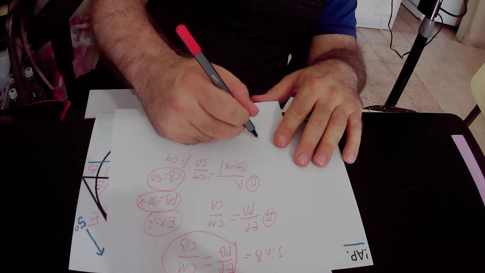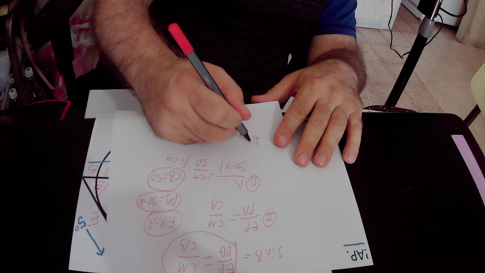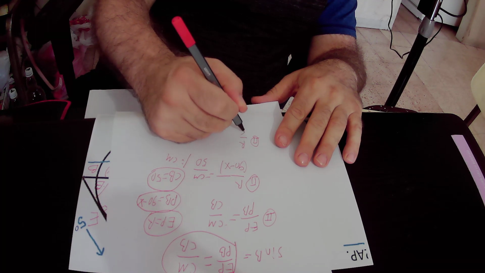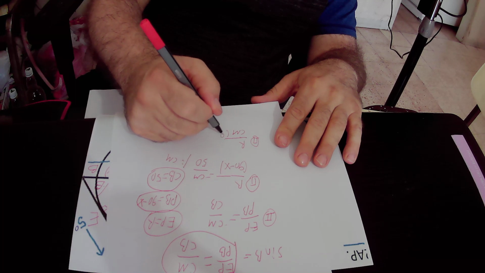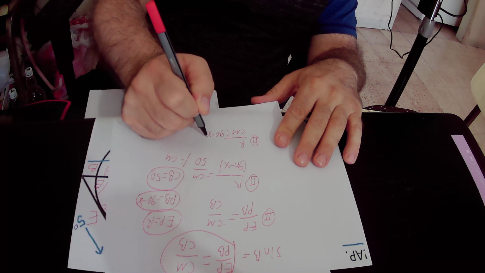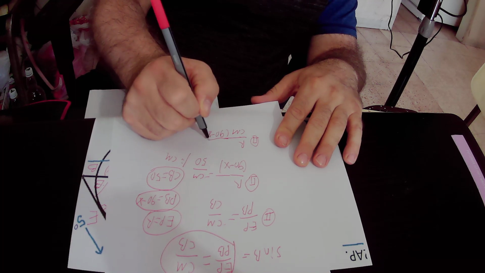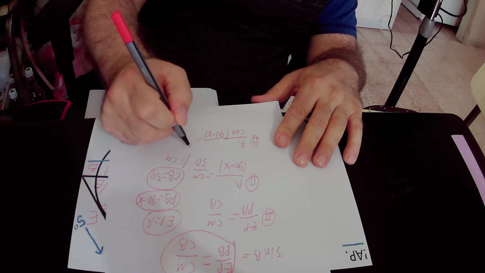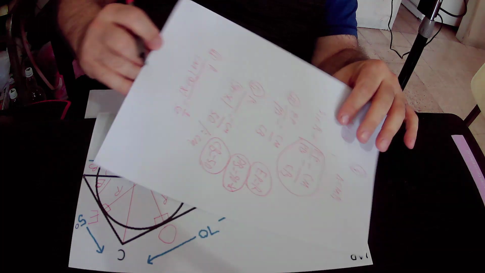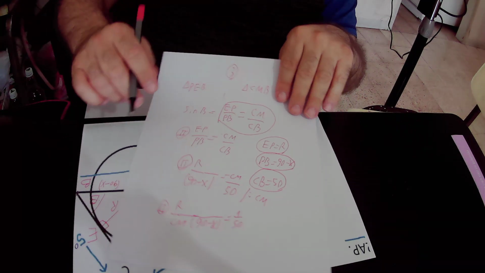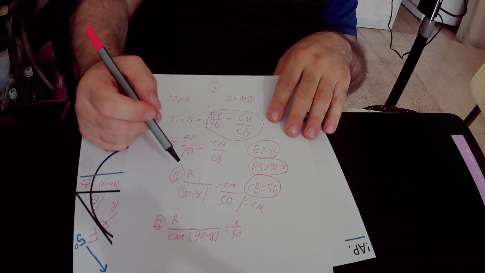We'll get that R over CM times 90 minus x equals 1 over 50.